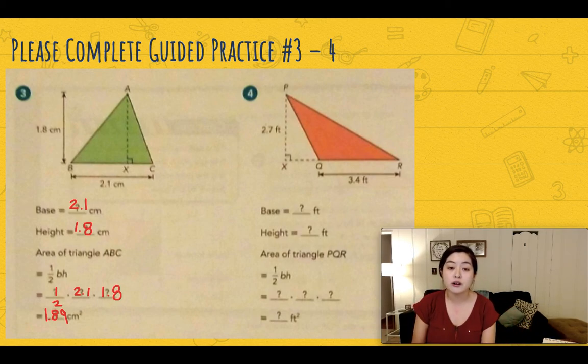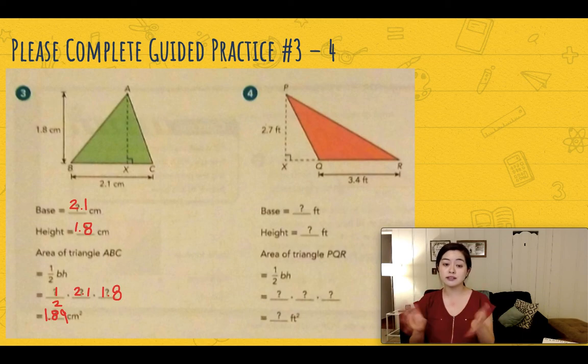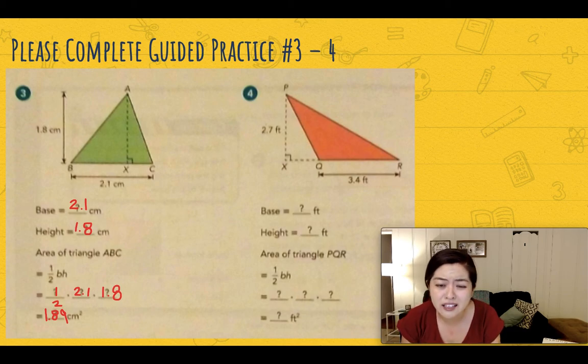Number 4, all right. Remember, the definition of a base is just one side of a triangle. So is XR a side of a triangle? No, it's not. QR is the side of a triangle, so that can be the base.